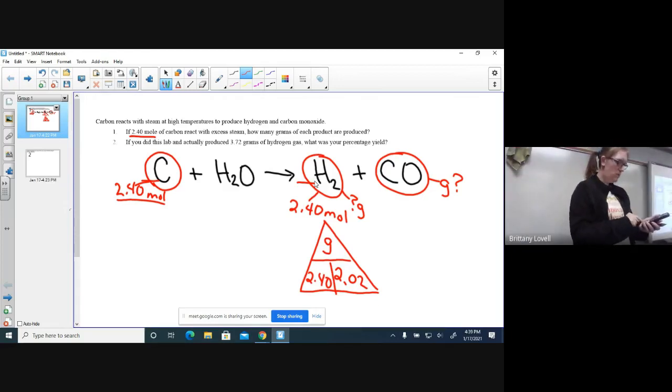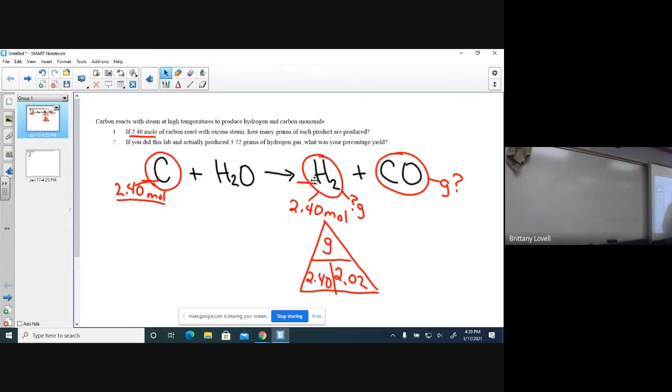Okay. So then all we're going to do is multiply. So I've got 2.40 times 2.02. That gives me 4.85 grams. So I have 4.85 grams of hydrogen that get produced from 2.40 moles, okay?